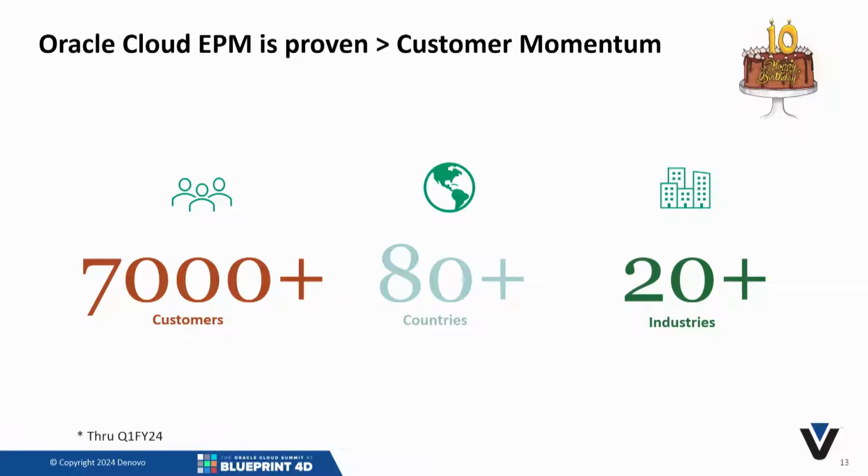Oracle made tons and tons of improvements for scale and reliability, and there's over 7,000 customers on it. So it's definitely a solution that's proven, and those monthly updates are minimal as Oracle rolls them out, and we've just seen a ton of success with customers taking those updates.